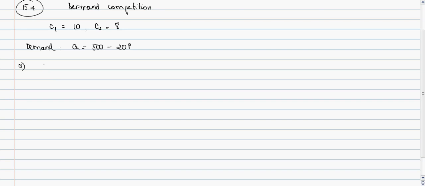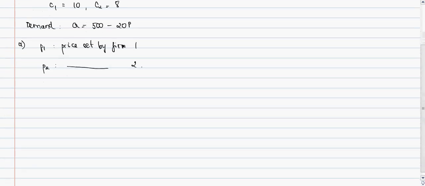Now, if two firms are setting prices simultaneously, they will try to set the price such that their profit is maximized. So I'll say P1 is the price set by firm 1, and P2 is the price set by firm 2.